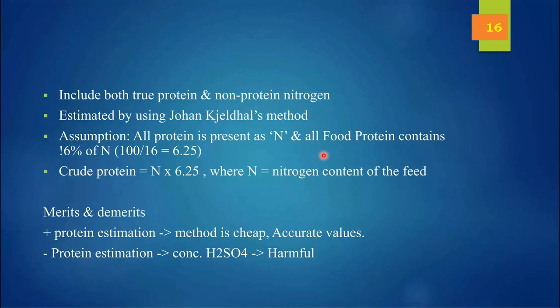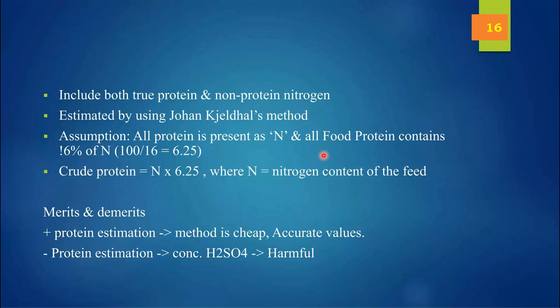Then the assumption here is all protein is present as nitrogen only, and all food protein contains 16% of nitrogen. That is the standard estimation, and because 100 divided by 16 is equal to 6.25, crude protein is equal to N into 6.25, where N is equal to the nitrogen content of a given feed.